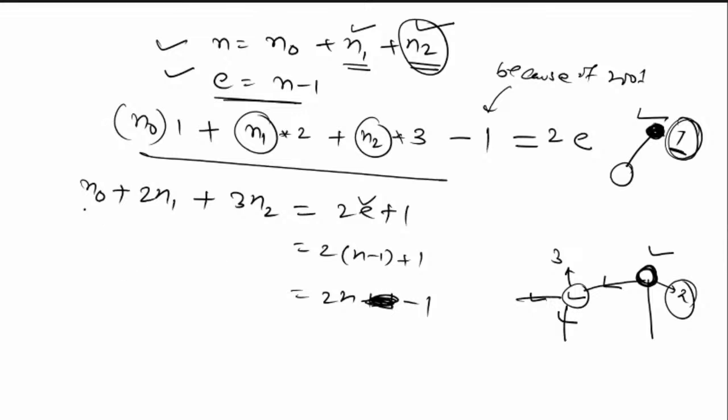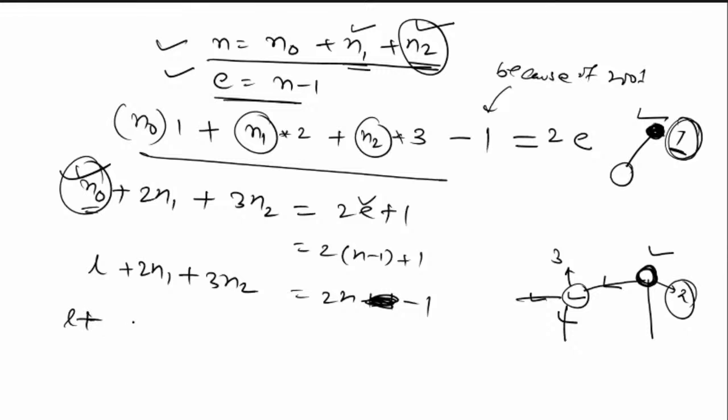And let's assume the number of leaves is l, because these are the leaves. So l plus 2n1 plus 3n2, and you can put n is equal to n0 plus n1 plus n2, so it will be 2l plus 2n1 plus 2n2 minus 1.